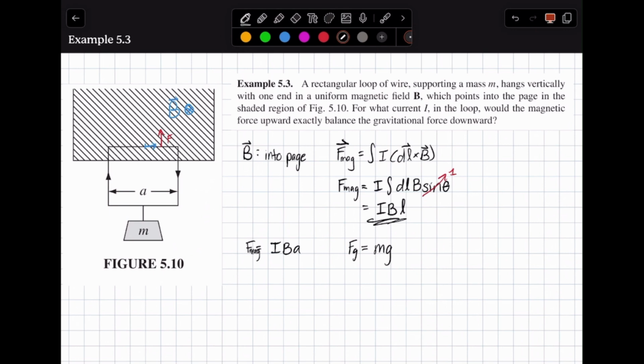And we want to balance out these forces. So this is our upwards force, this is our downwards force. Now let's set them equal, and we could solve for current. You'll find that the current has to equal mg over B times a.